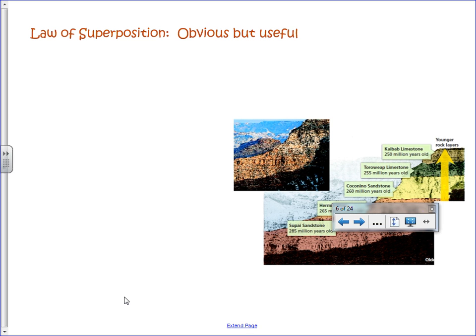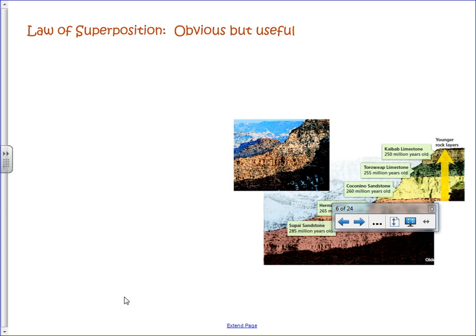Uniformitarianism is obvious but useful. It was that the processes that happen now happened in the past, and living things act in the past the way they act now. So if pine trees need a particular environment, without that you can't really make assumptions about the past.